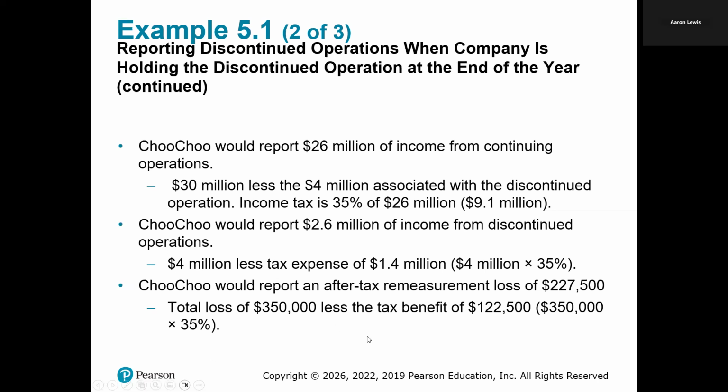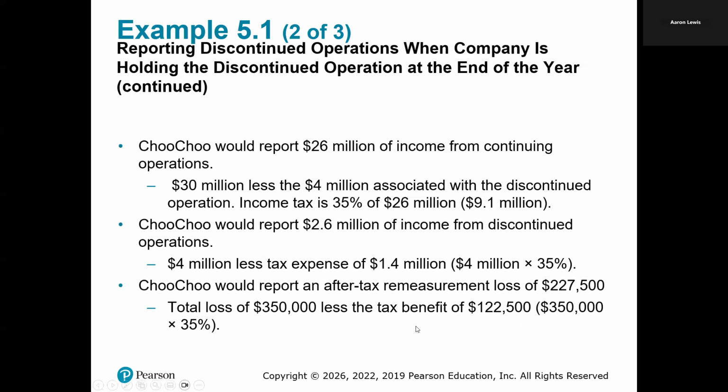And then for the revaluation of our assets over here, we would have incurred a loss of $350,000 writing them down. And that loss would have been filed on our taxes. Losses are tax deductible, which means this would have reduced our taxable income by 350,000. And we wouldn't have to pay the 35% tax rate on that $350,000 of income that we got to write off because of this revaluation loss.